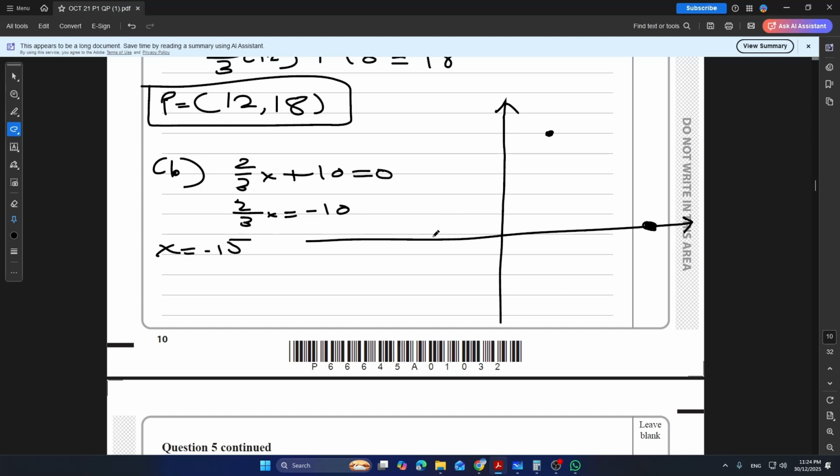So you will have a point here, minus 15. Okay, so we know all the points we have, so we can connect the dots.